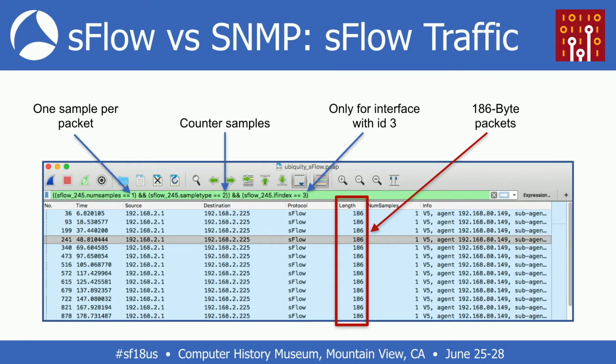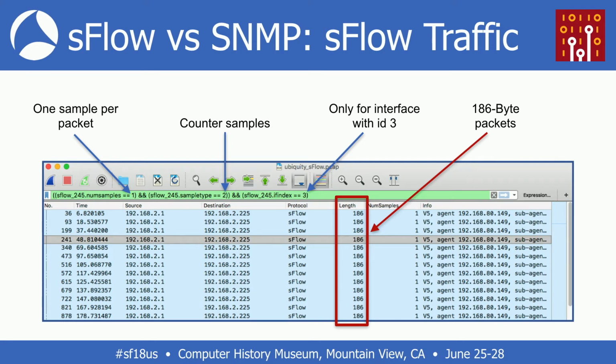So this is a Wireshark capture of the sFlow traffic generated by my Ubiquiti EdgeRouter. I created a filter saying I want only interface number 3. I want counter samples, which are identified by number 2, because flow samples are identified by number 1.